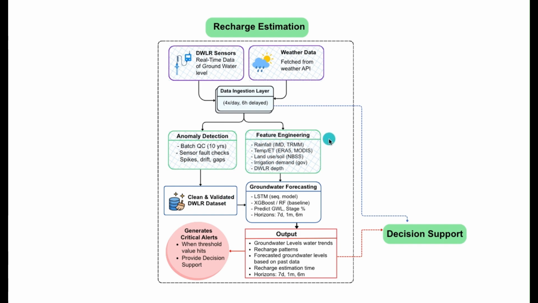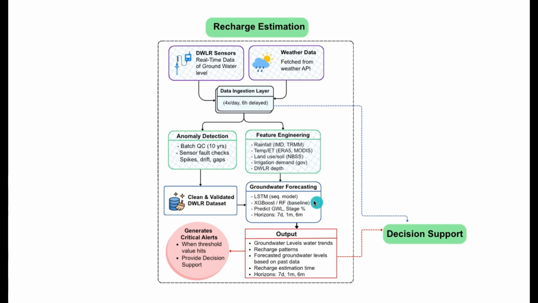Now, the feature engineering layer takes all the features like rainfall, temperature, evaporation, transpiration, land use, soil, and irrigation demand, and creates new features from them. These features are then taken into the groundwater forecasting layer, where our models such as LSTM and XGBoost work on them and predict groundwater recharge percentage and horizons, meaning the trends of 7 days, 1 month, and 6 months.